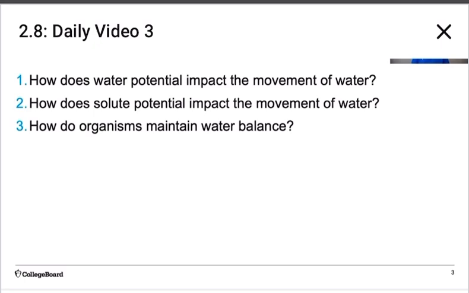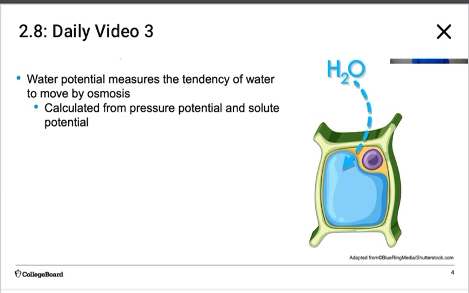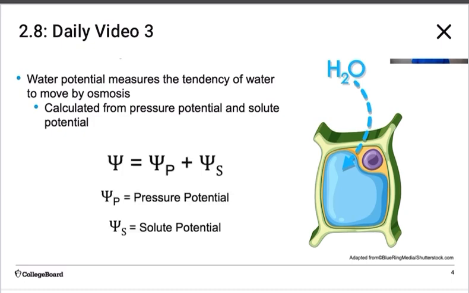So let's dive in. Water potential measures the tendency of water to move by osmosis. It is calculated from pressure potential and solute potential. Water potential is represented by the Greek letter psi, and the unit of pressure is called bars.